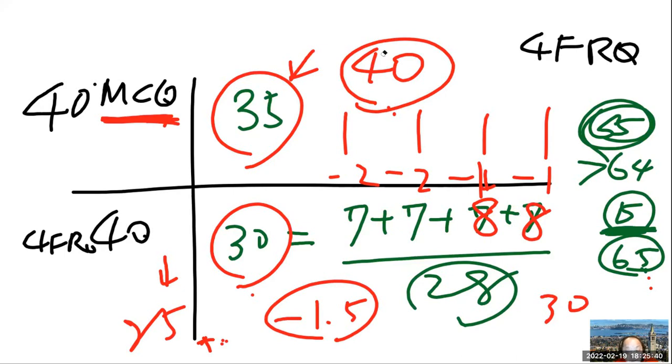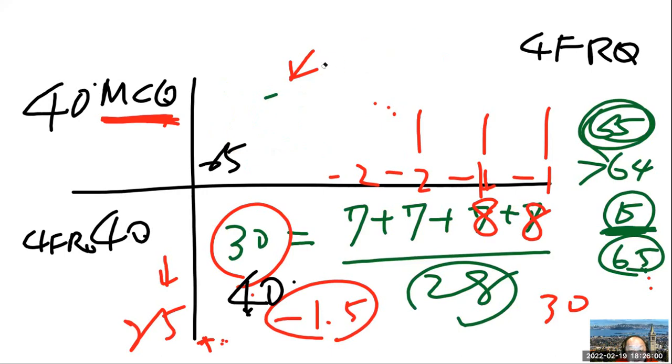So FRQ is very important. If you can actually score 40 on your FRQ, for this portion you just need, I'm sorry, actually you just need 25, right? So FRQ is very important. FRQ determines how much you need for your multiple choice, okay?